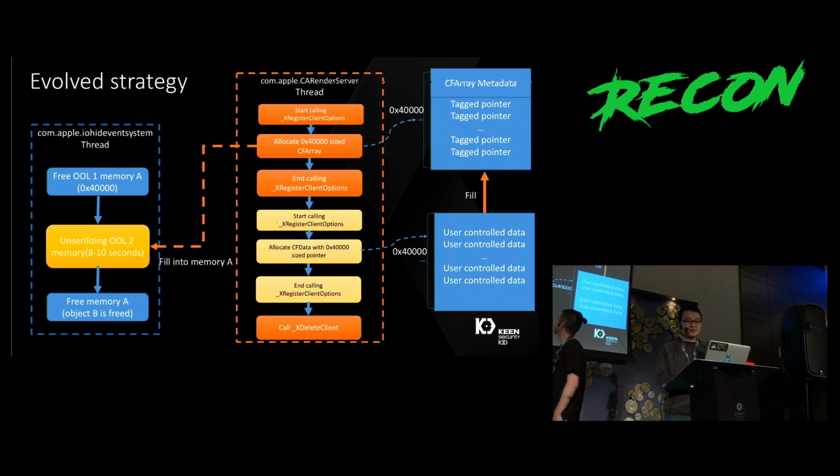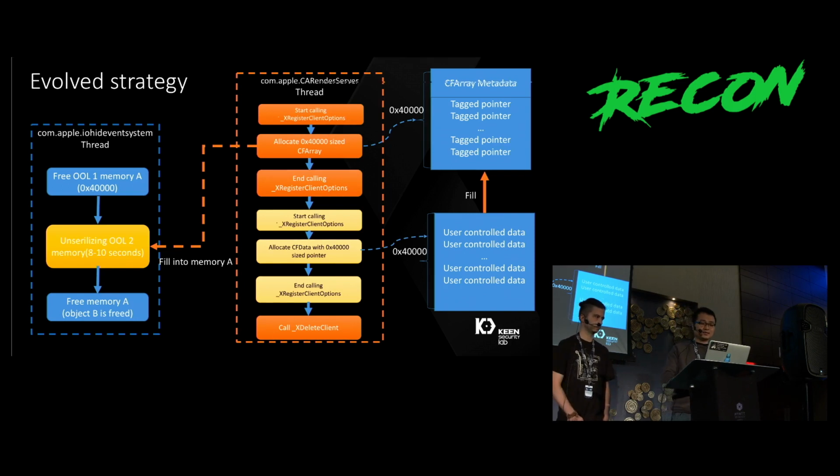And in another thread, CA render server, we call XRegisterClientOptions. The first time, we try to allocate a 0x40,000 sized CF array, so that we can make sure to fill in the freed memory. Then the second free is triggered, so that the CF array is freed.